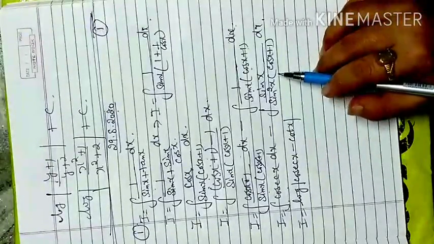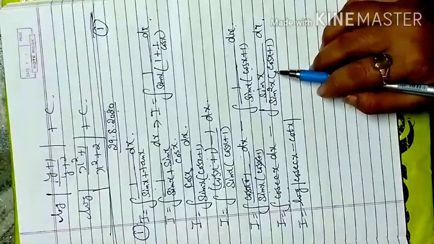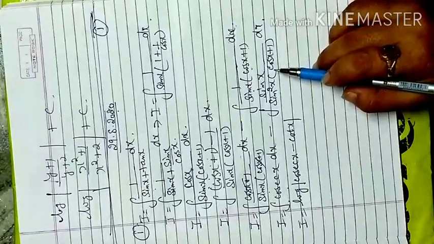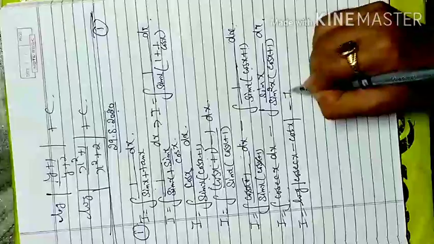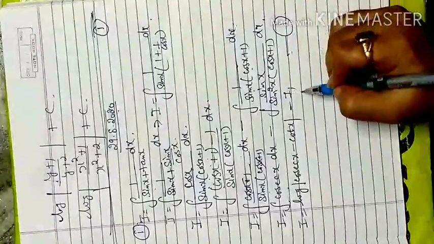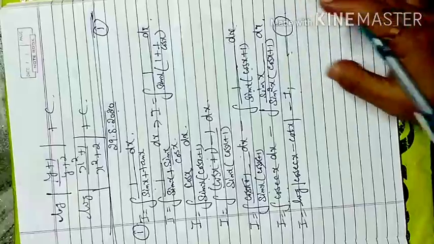Now I have to solve this one. Because I need the substitution method here, it is better to consider this as I1 and solve it separately, keeping this as equation 1. When I get the value of I1, I replace it here.